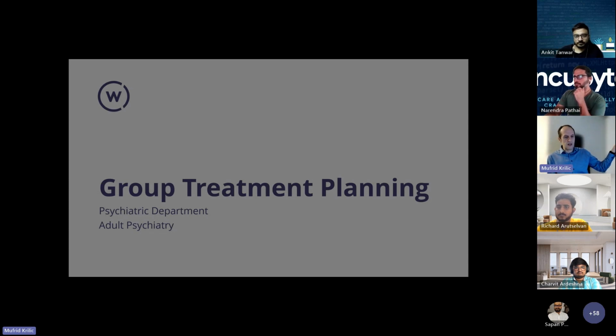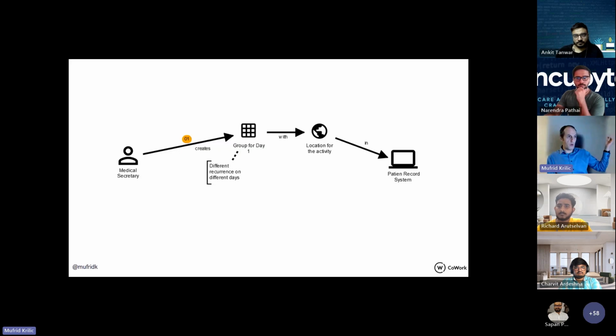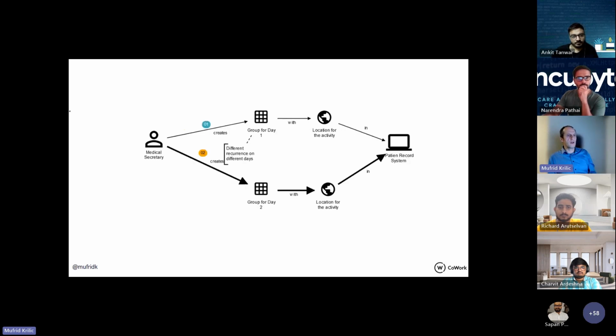So on the somatic side, how do they plan the group? Well, the medical secretary will create a group for day one with location in the patient record system. And immediately we see that in this case, in psychiatry, the medical secretary is much more involved with the software in the first place. And then she will create a group for day two.